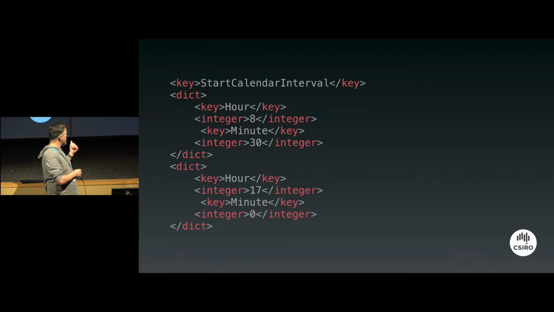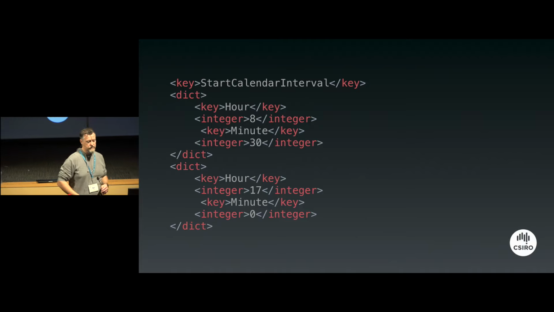So if you set something to run at 8:30, for example, and someone comes in and they don't turn their machine on until 9 o'clock, then the Mac will go, oh, I needed to run this, I'll run it now. So it's not an explicit 8:30 and only 8:30, it will actually back those up. And it only backs up one, so if it misses like half a dozen of these things, it'll just do the last one it missed.